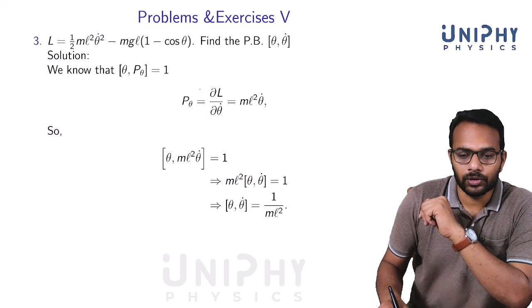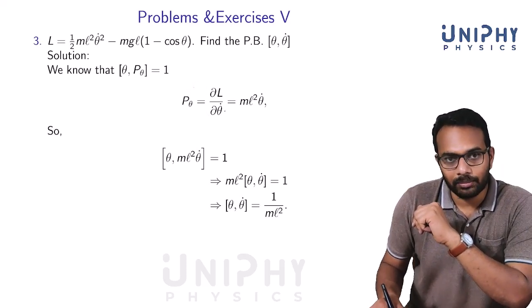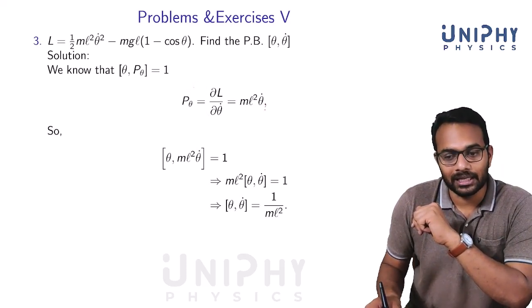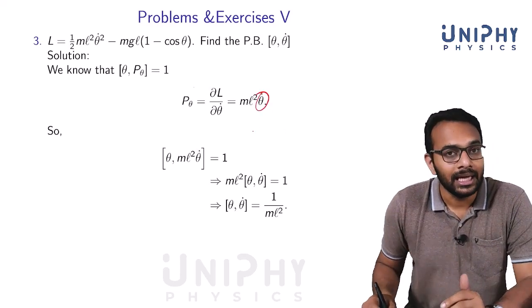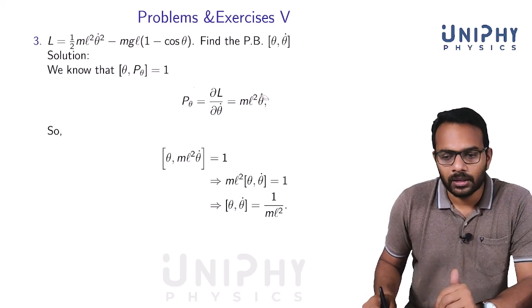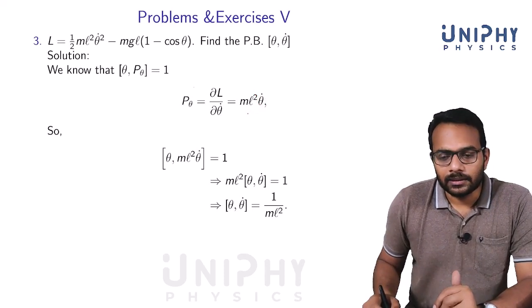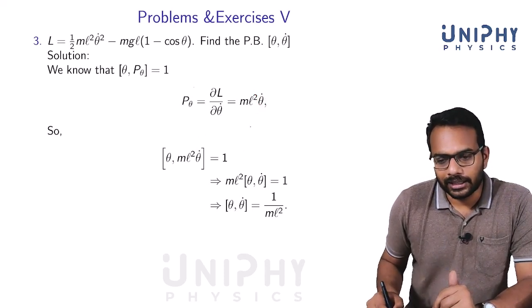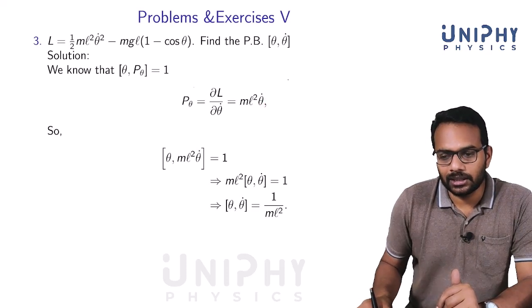So we look for p theta, which is dou L by dou theta dot, which is ml square theta dot. So from here we find that theta dot is equal to p theta divided by ml square. So let's do it like this.